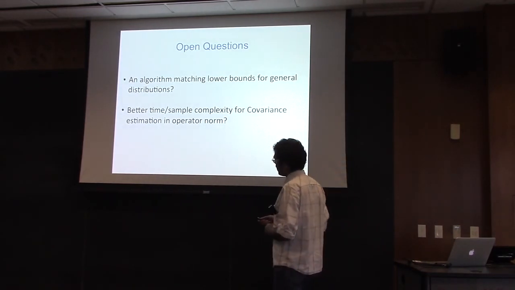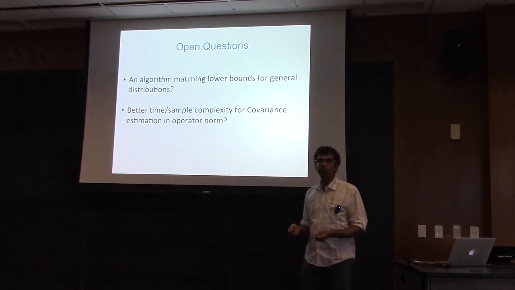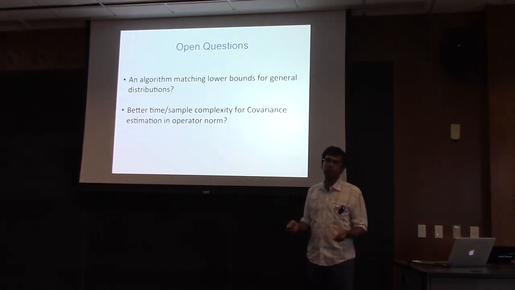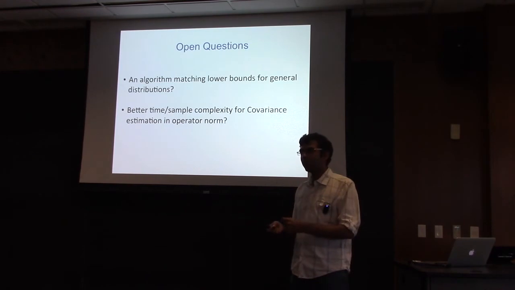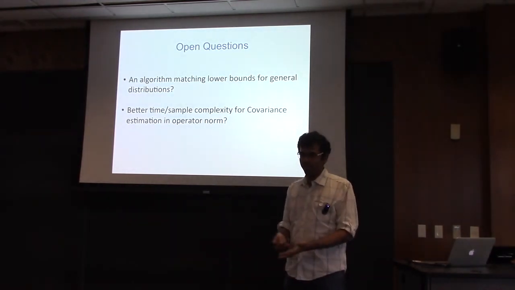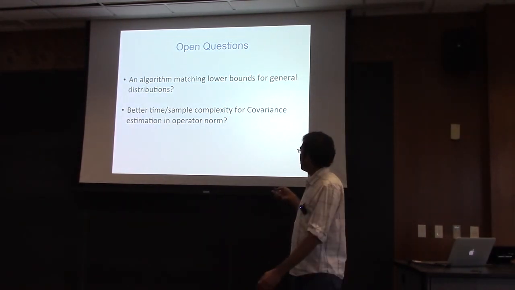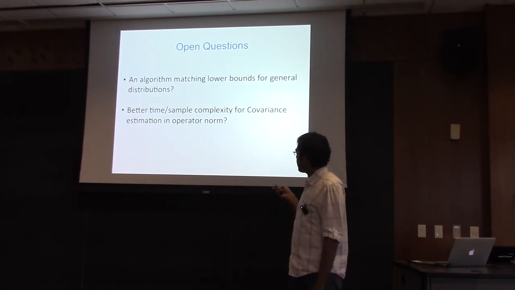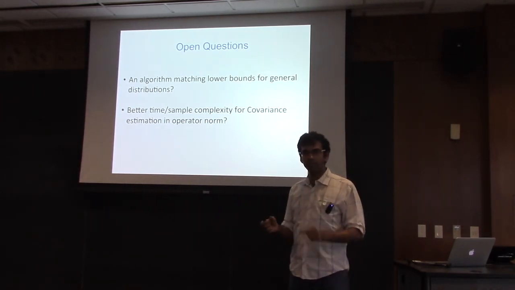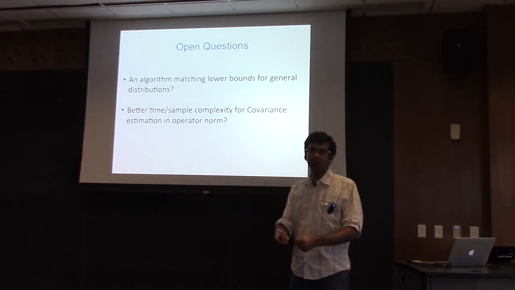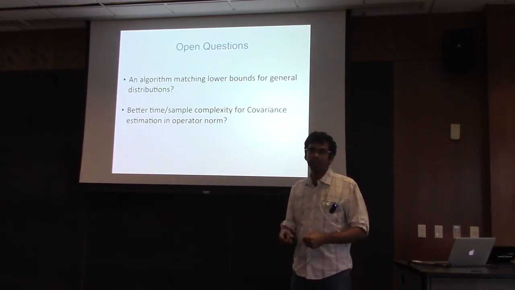And what if, instead of Frobenius norm estimation of the covariance matrix, we just wanted operator norm? Seems like a more natural thing. If you just cared about mean estimation, you can just deal with operator norm estimation of the covariance matrix, and then reduce it to the spherical case.